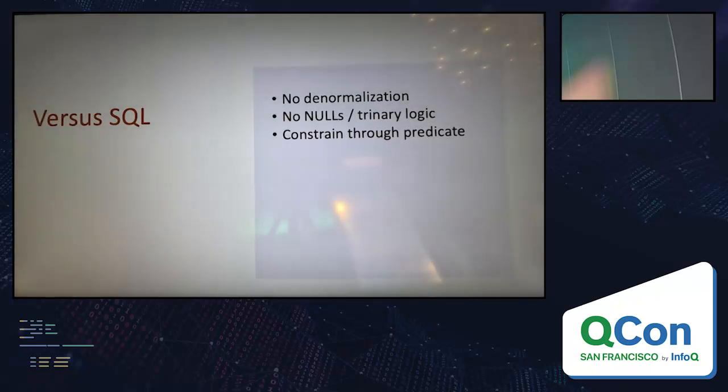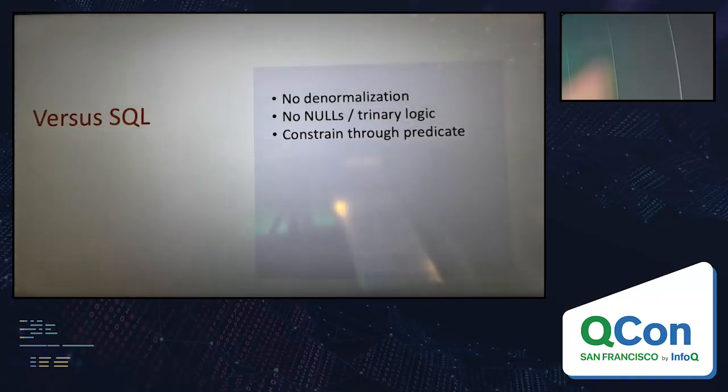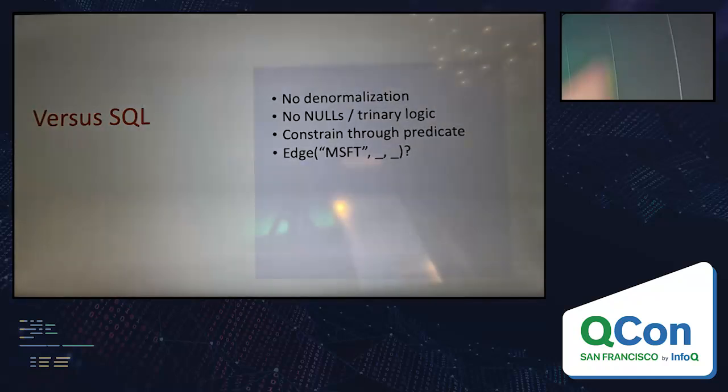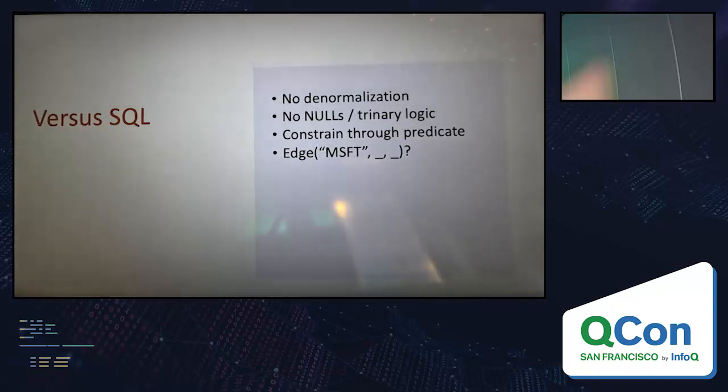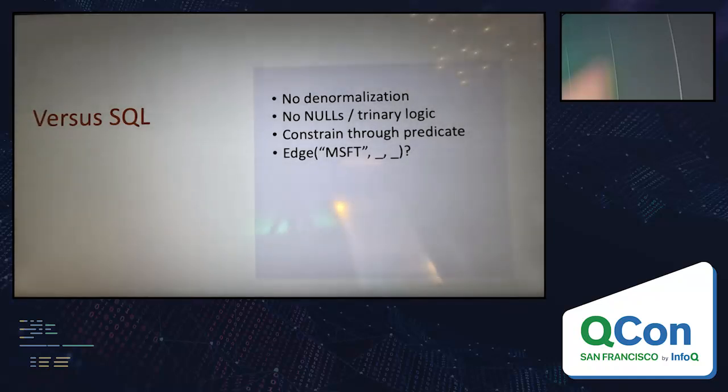Remember, constraining through the predicate is like, this predicate is a name-like thing, right? You can explore all the incident edges on any entity. So, you have a ticker symbol, Microsoft, that's in the graph somewhere. You can go start exploring.